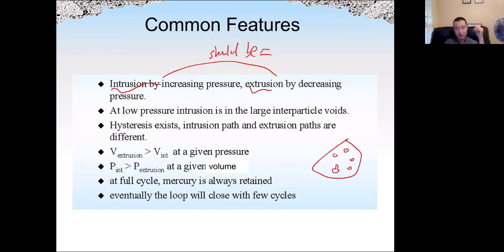However, at low pressure, the volume intruded is in large interparticle voids, which are the voids between the samples, because the size of those pores is large. But when we increase the pressure, the mercury will start to penetrate into the pores of the sample itself.